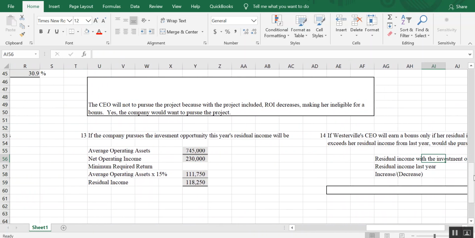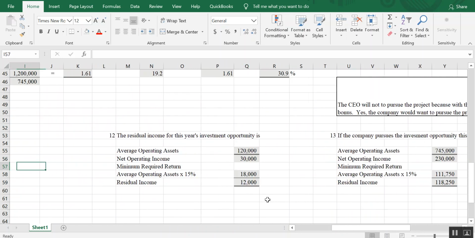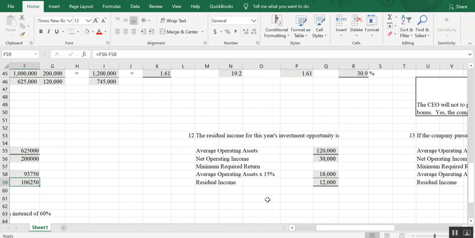So now they want us to say, okay, well, can we compare the residual income with the investment opportunity, which is right here, the $118,250. And then the residual income last year is just going to be this 106,250.